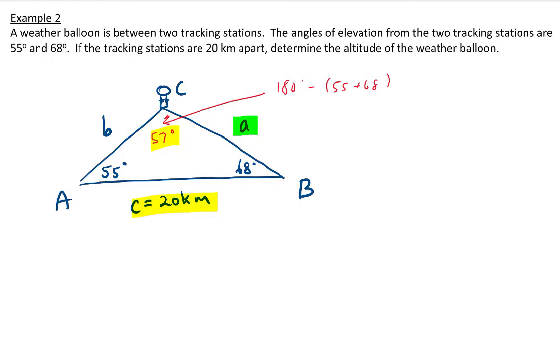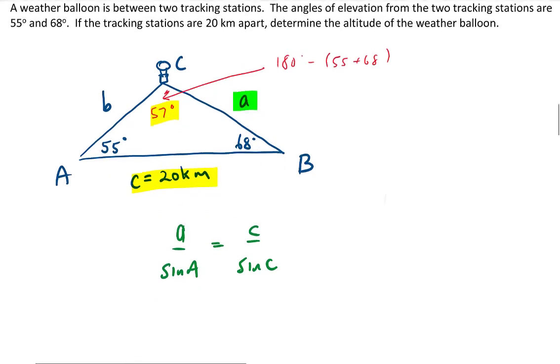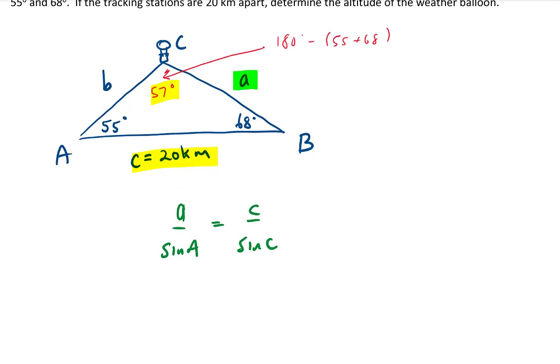So this is where we should use the sine law. We're trying to solve for side A, so let's put A in the numerator. We have A over sine of A, and our known ratio is C over sine of C. Now let's sub in our values. We have A over sine of 55 is equal to C, which is 20 kilometers, over sine of 57.